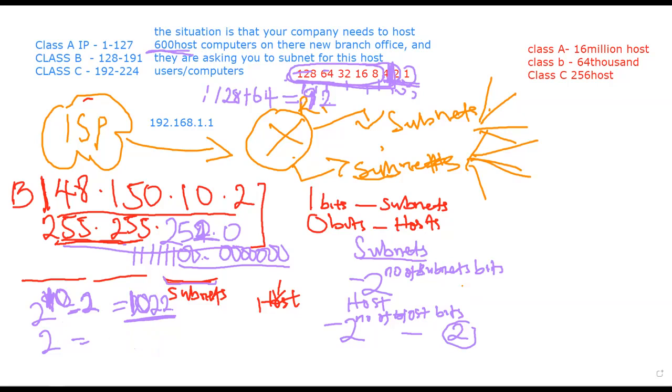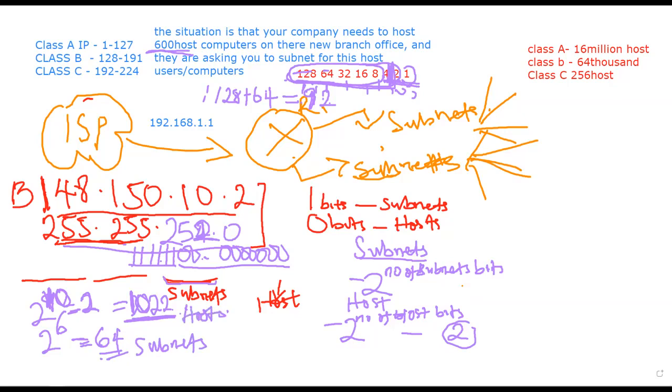Now remember, for this situation, we have 6 ones. Then it means our subnet count will be 2 to the power of 6, which is 64. Very correct. I wanted to be sure.